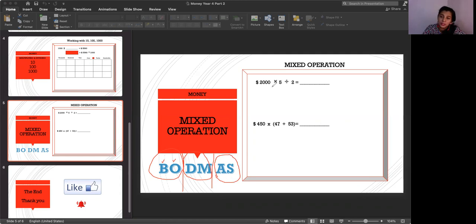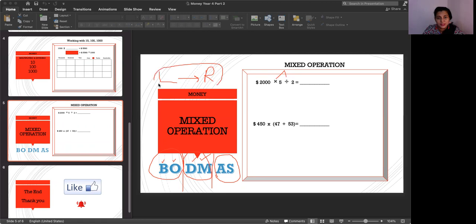Okay, so in our question here, 2,000 times 5 divided by 2, both our operations come from the second group, which is division and multiplication. Which one are we supposed to do first? Division or multiplication? At this point, girls and boys, you need to remember this rule called left to right.